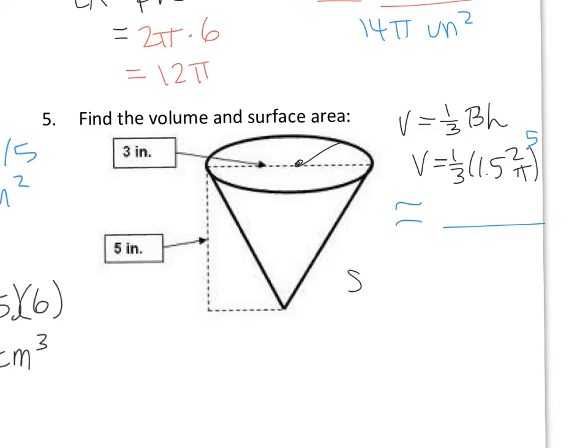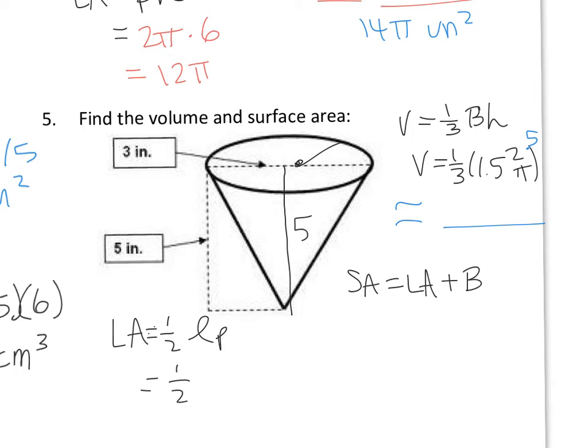And surface area is lateral area plus the area of one base. The lateral area is 1/2 slant height times p. So 1/2 the slant height. This is 5. So the slant height is going to be 3 squared plus 5 squared, and take the square root of that.